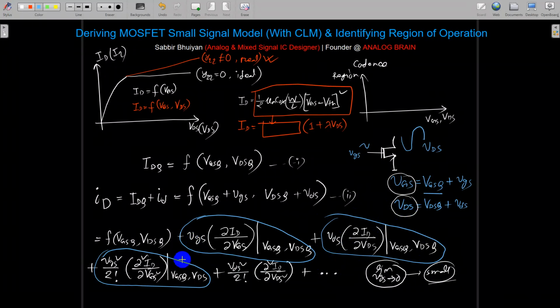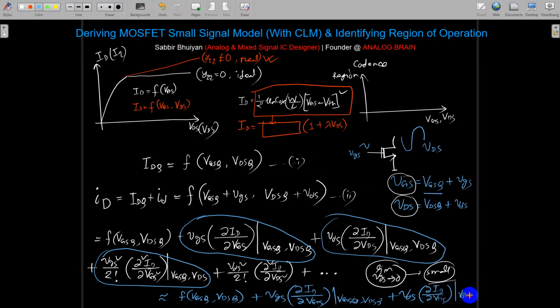Okay, then we can assume it like f of (V_GSQ, V_DSQ) plus small v_GS ∂I_D/∂V_GS at (V_GSQ, V_DSQ), plus small v_DS ∂I_D/∂V_DS at (V_GSQ, V_DSQ).